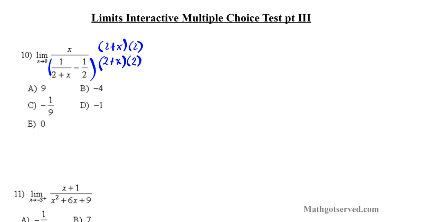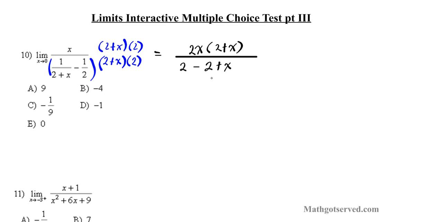Now if we simplify the numerator, we're going to have x times 2 plus x times 2, so we can put the 2 up front. And then in the denominator, if we distribute 2 plus x times 2, when you distribute this 2 to this term, the 2 plus x cancels out, so you have 2 minus, and then when you distribute to this fraction, the 2's cancel out, you have 2 plus x.